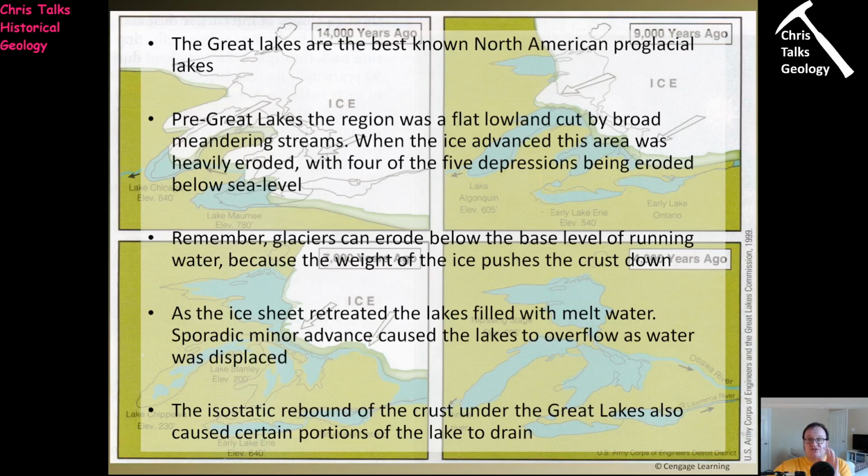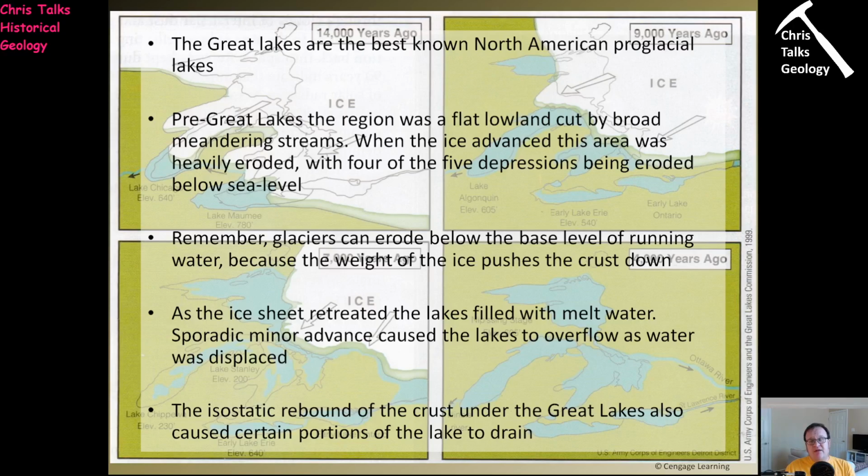But what does it do to the bedrock? Well, it doesn't just move across it. It grinds at it. It forms a depression, doesn't it? It slowly grinds away at the bedrock and actually destroys it. So an area which was here, all of a sudden is now down here because the rock has been removed. So it's now lower. The other interesting thing is that the glacier can actually cut below the base level.